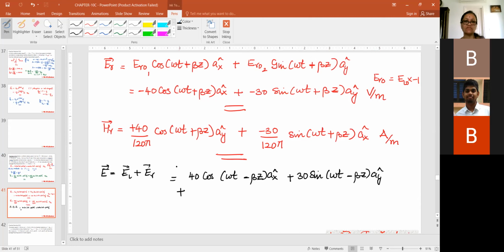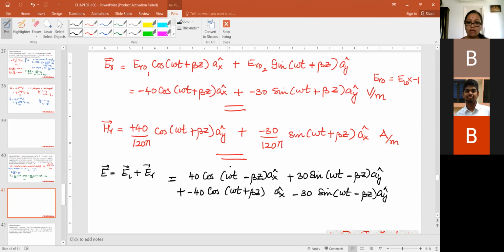Then plus here you have minus 40 cos omega t plus beta z a x cap. Then you have minus 30 sine omega t plus beta z along a y cap. Now how do you get it? Will the answer be 0? Yes, ma'am, at the last term, omega t plus beta z.